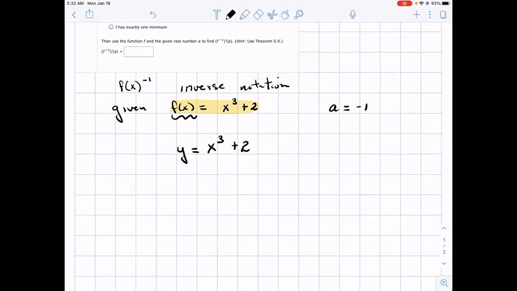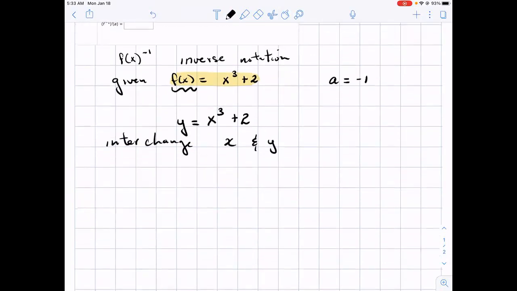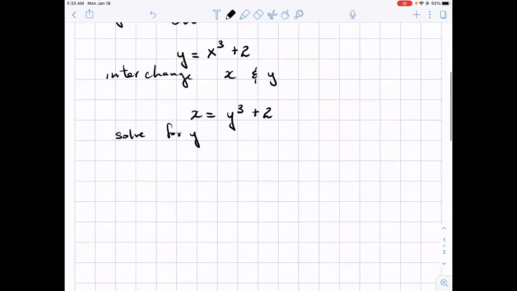So the next step is interchange x and y, meaning wherever we see y, we write an x, and wherever we see x, we write a y. And then we solve for y.